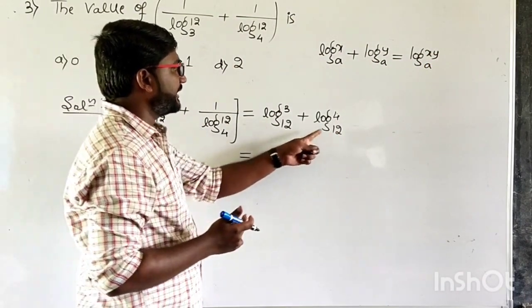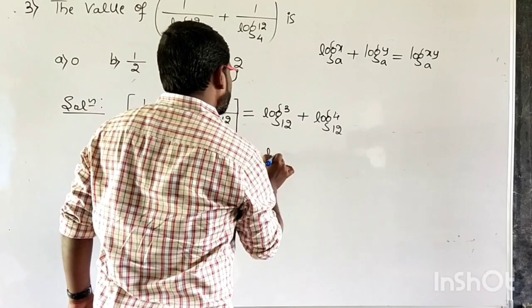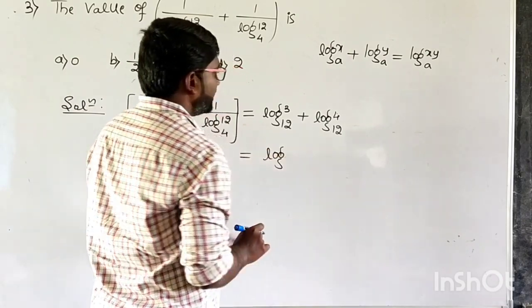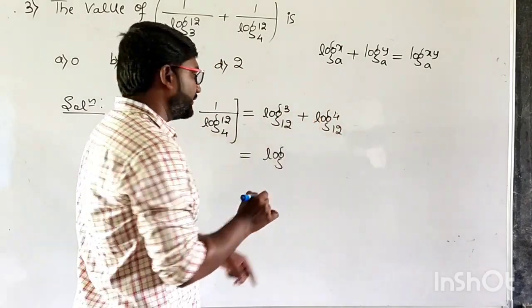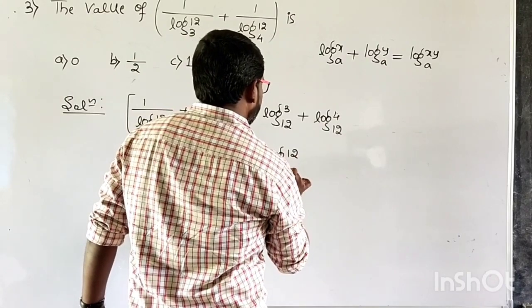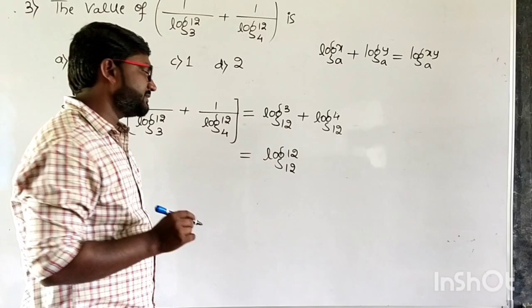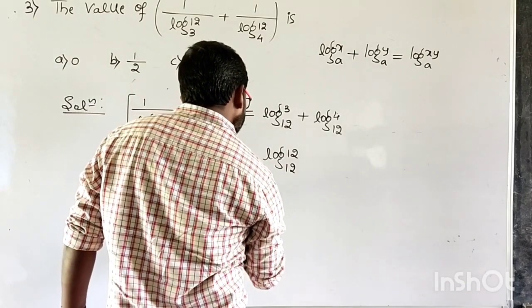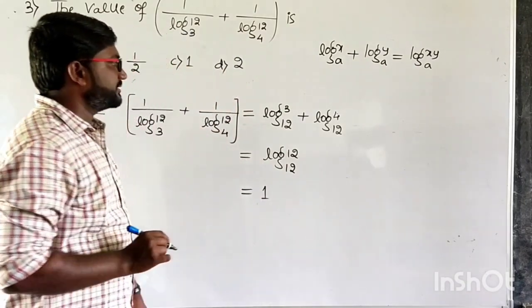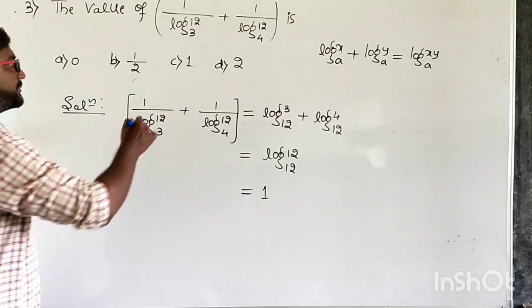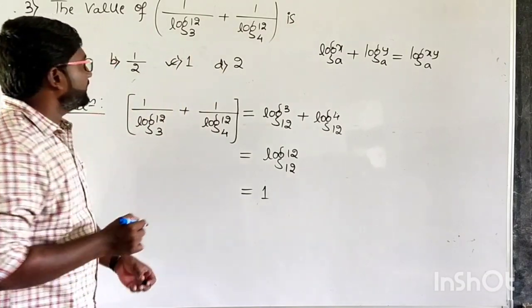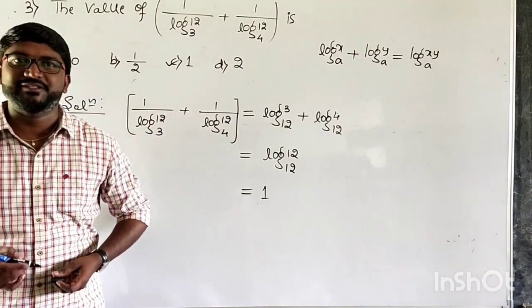So now we have to write this in this particular form. So log, now these two will be multiplied. 3 into 4 is 12 and base 12. So log a to the base a is always 1. So which is the right answer? It is option C. This is all about the third multiple choice question.